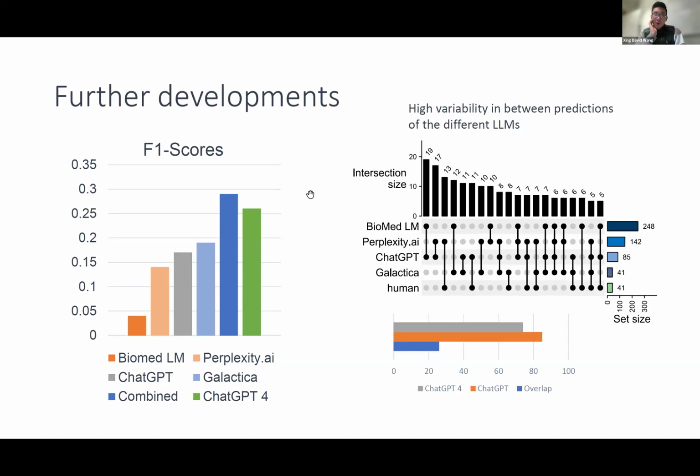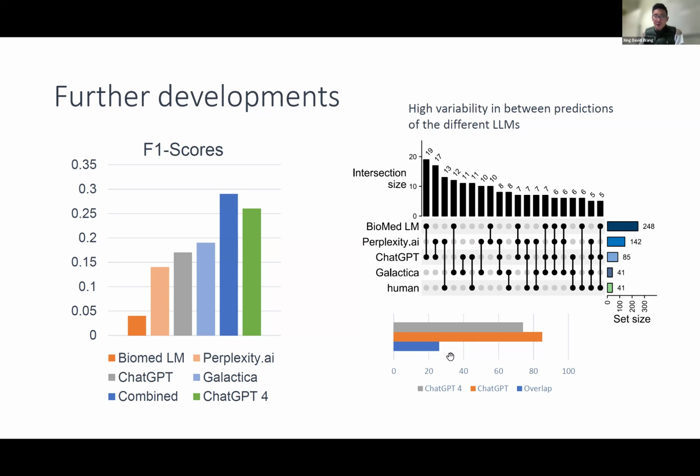However, what we also see in the case of ChatGPT 4 is that there's a high variability in predictions between the different LLMs. The drugs that they actually propose are often different from each other. In the best case, one would expect that GPT-4 and GPT-3 give out the same results.